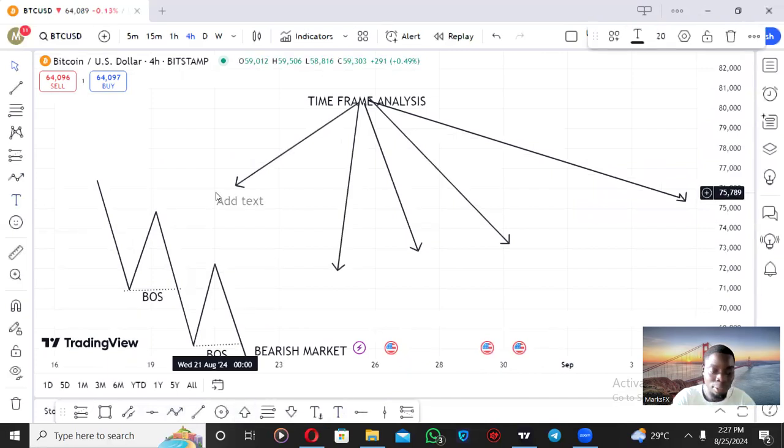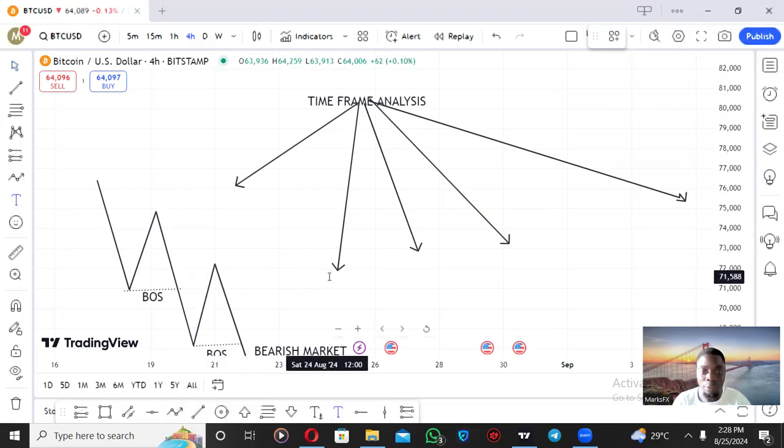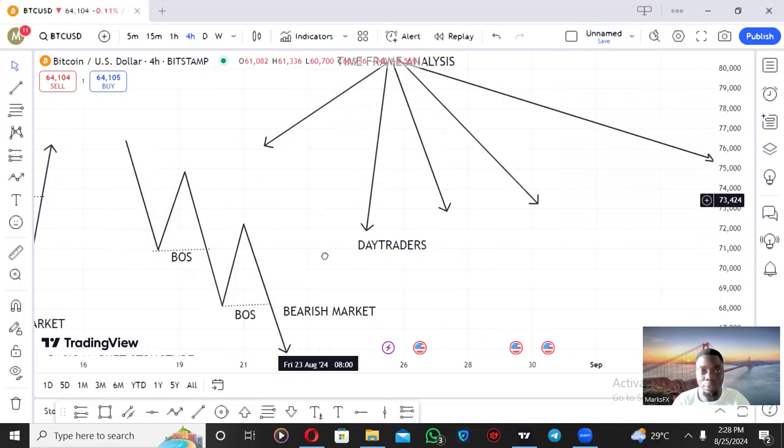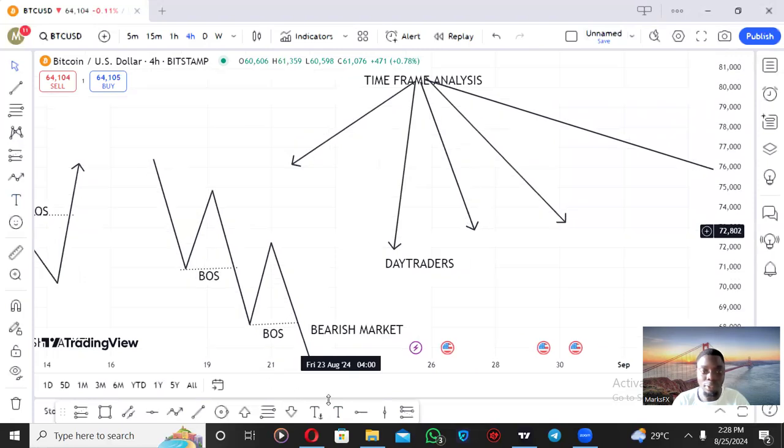We have scalpers. We have day traders. Let me write it down.